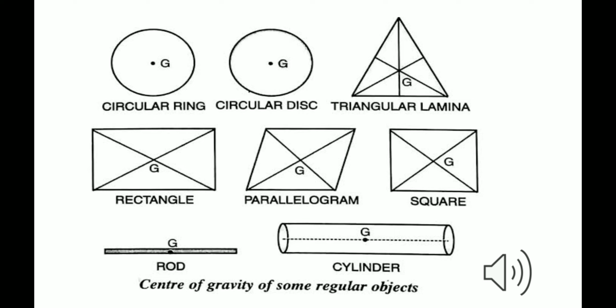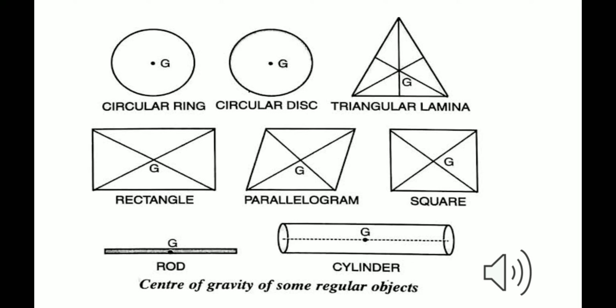Similarly, we have a circular disc, and the center of gravity is in the center. Then we have a triangular lamina. For any triangle, the center of gravity will be the point at which the medians of the triangle meet. There will be three medians.